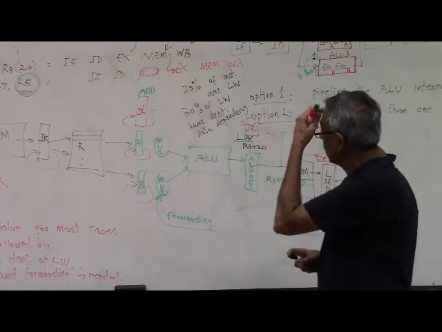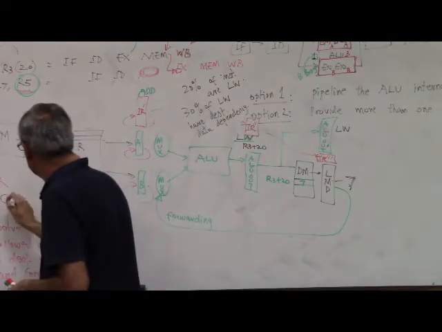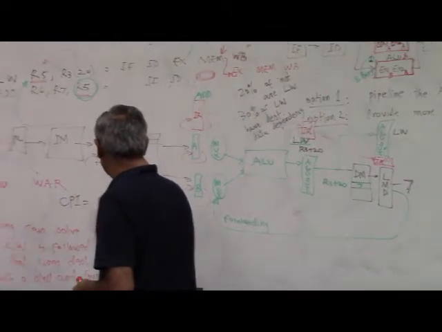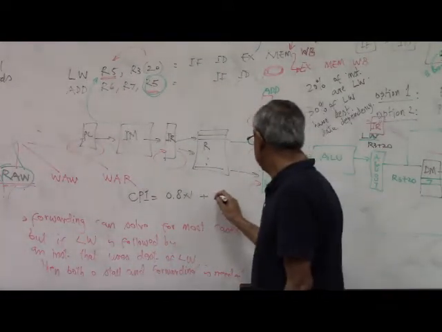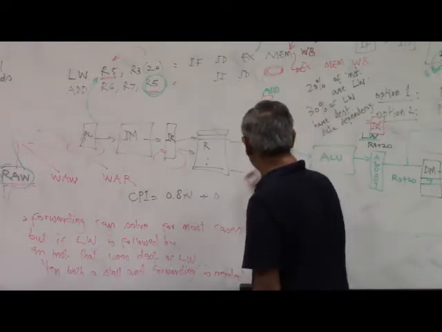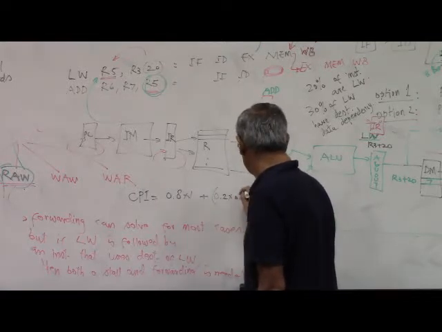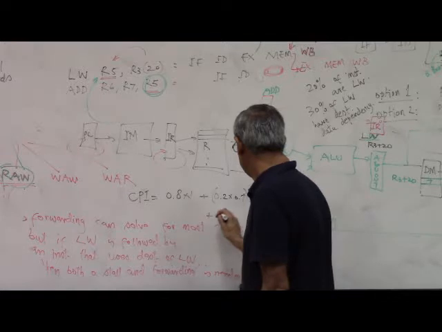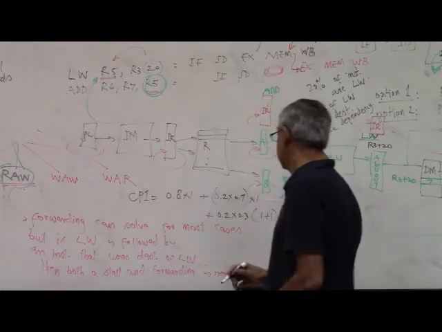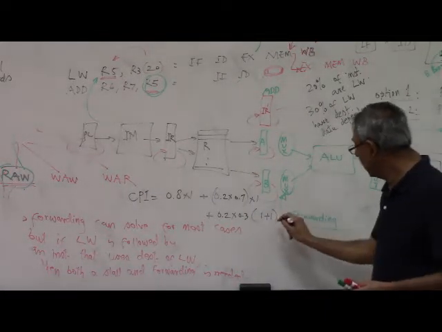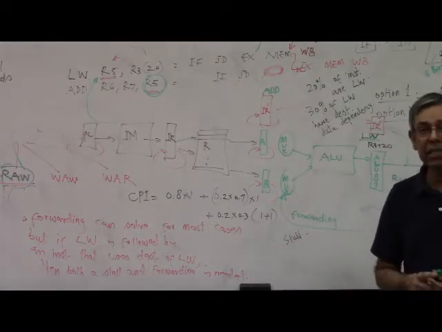So what slowdown will this cause in our pipeline? Our CPI will become, okay, 80% of the time we are executing in one clock cycle, right? For the remaining 20%, we further said 0.2 times 0.7 is still 1, plus 0.2 times 0.3 is 1 plus 1, because we have one stall for 30% of the remaining 20% of instructions, right?